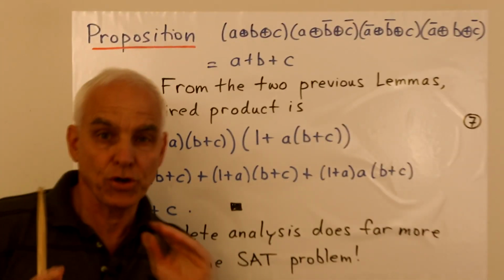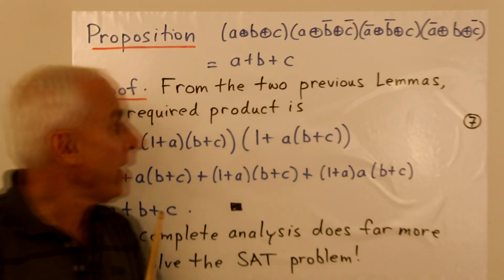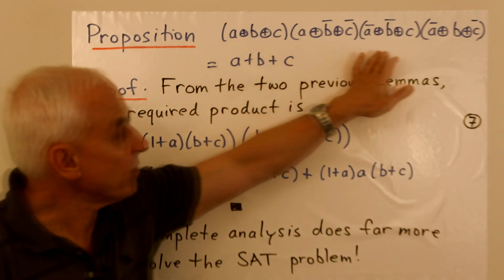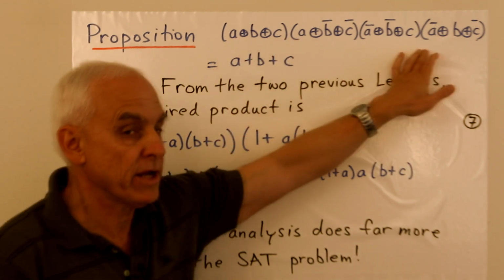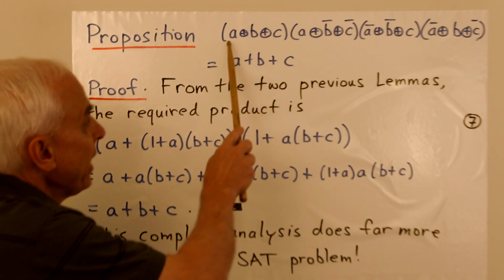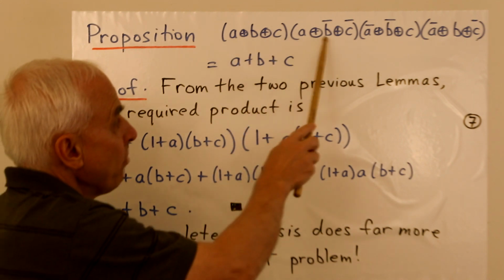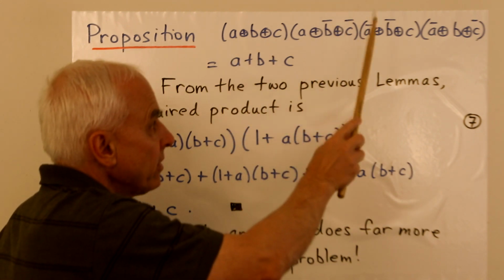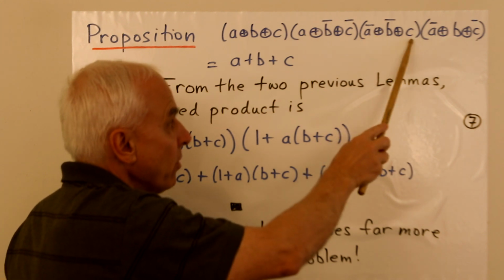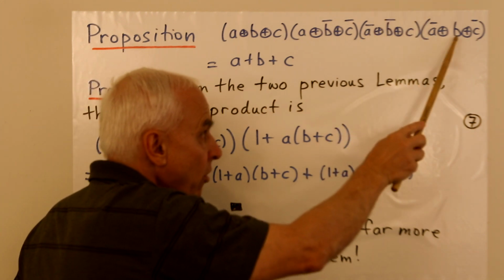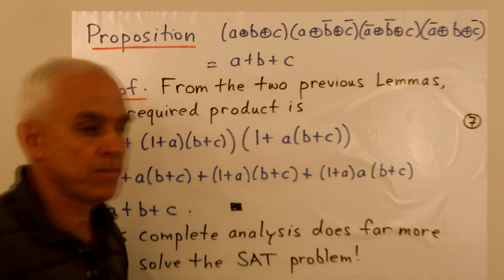So now I want to return to the example that we started with, which is this expression. This is an expression in the Boolean algebra world: A or B or C times A or B bar or C bar times A bar or B bar or C times A bar or B or C bar.